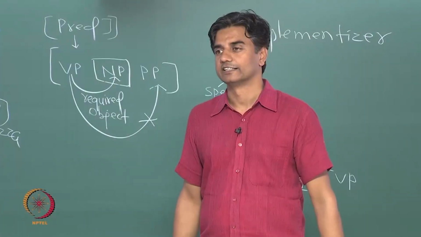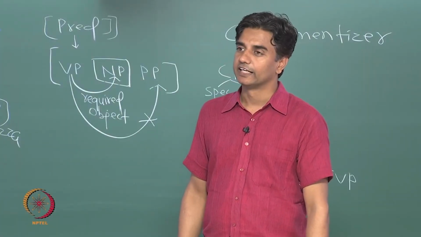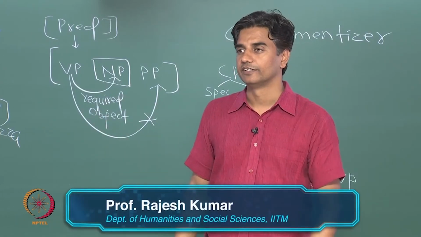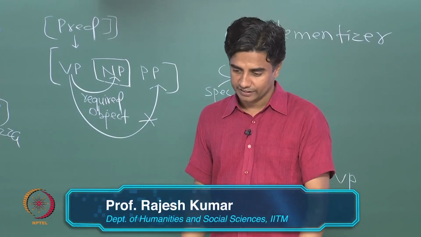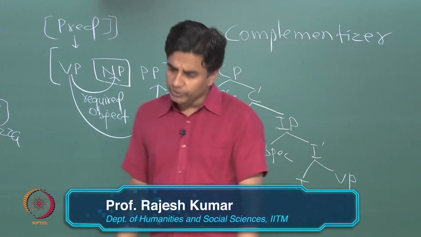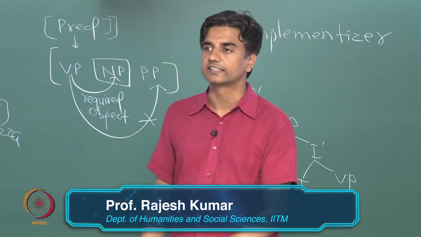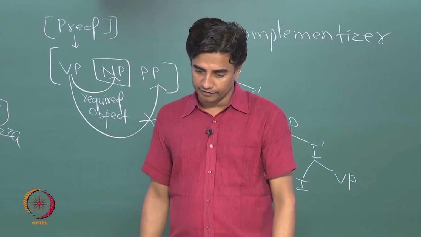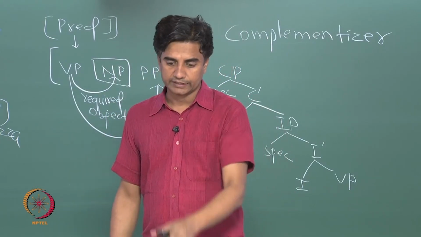This is a semantic statement. If we say they need a CP as their complement, then it's going to be a syntactic statement. We need to discuss a couple more things in terms of restriction, and then I will discuss thematic relations with you.